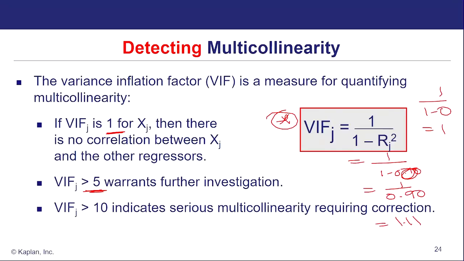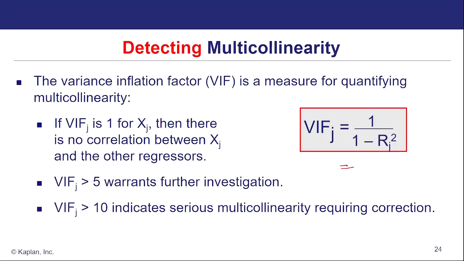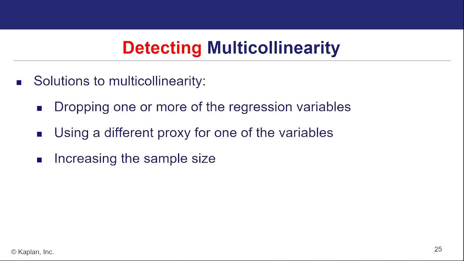You need to be cognizant of the fact that there is potential multicollinearity, and investigate further. If it is greater than 10, that occurs when R square is 90%. If I put 1 divided by 1 minus 0.90, you get 1 divided by 0.10, or 10. So when R square is greater than 90%, you get a VIF of greater than 10. That is a serious problem with multicollinearity.